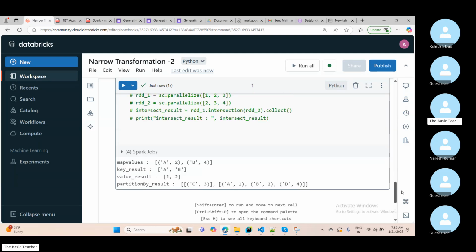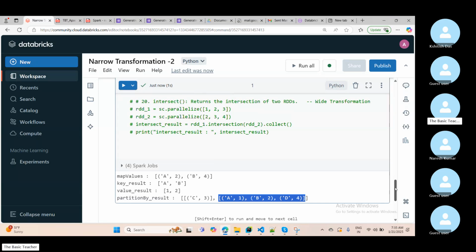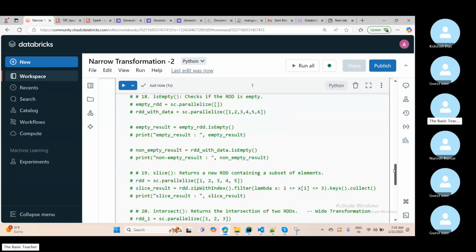In one partition it has taken C only, right? And in the other partition, it took all three. So this is distributed internally accordingly. That means it has divided into two partitions. We can check with num partitions, we did that yesterday.